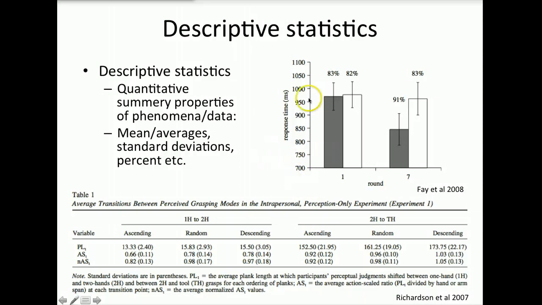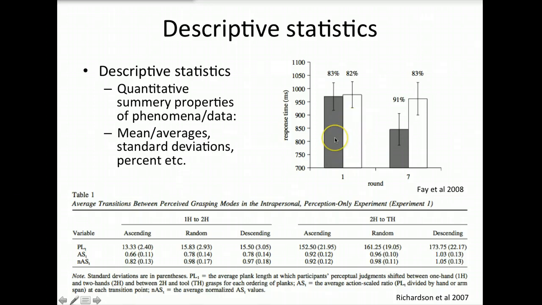So here on the x-axis we have response times in milliseconds, and here on the y-axis we have data from round 1 and round 7 from two different conditions, being here the community version and here the isolated pair version.